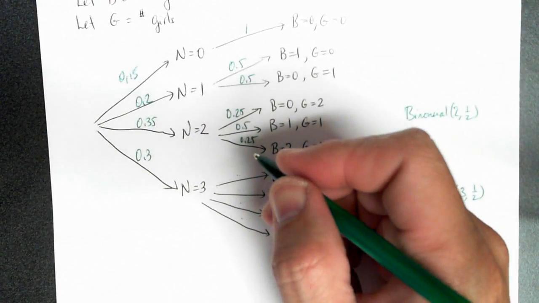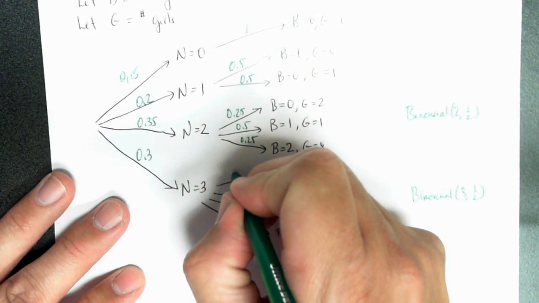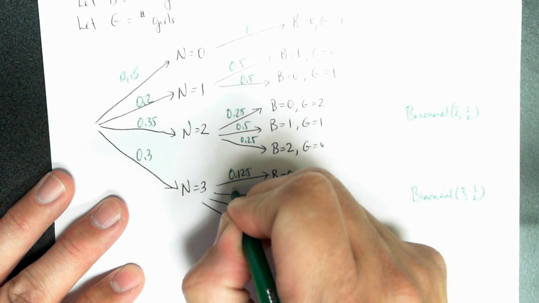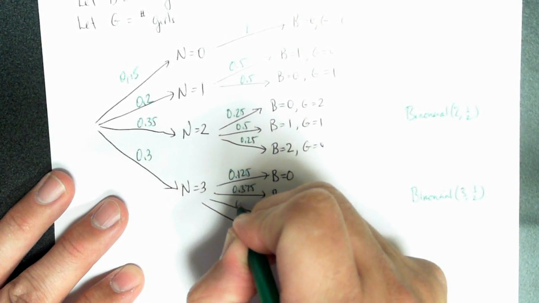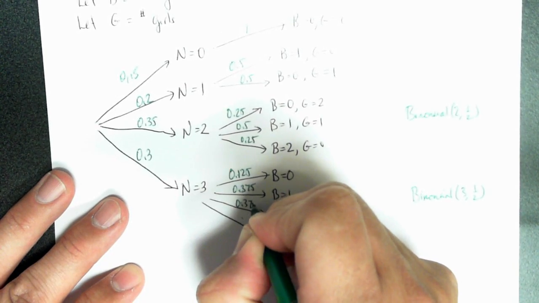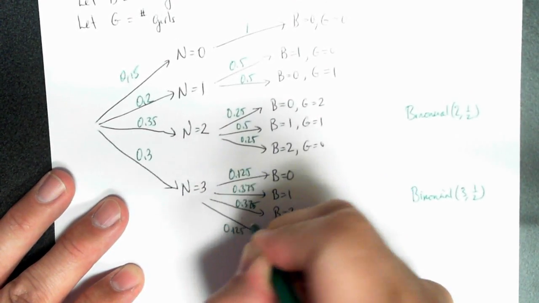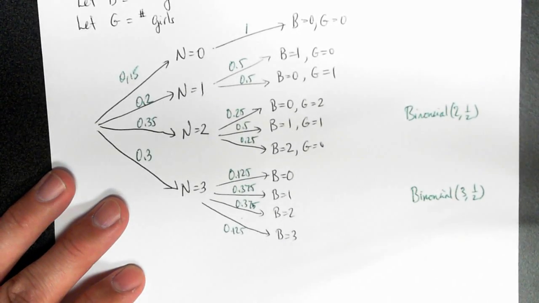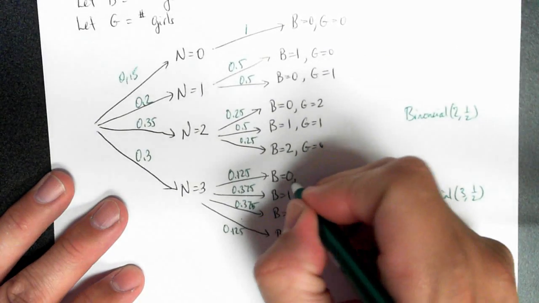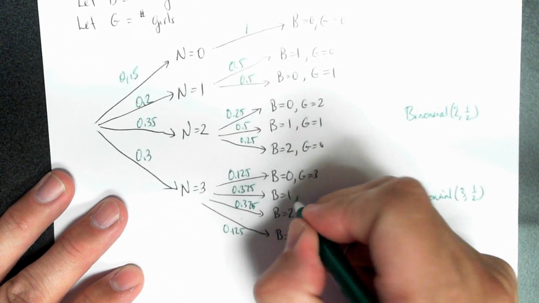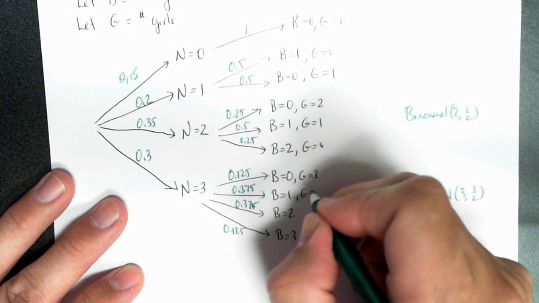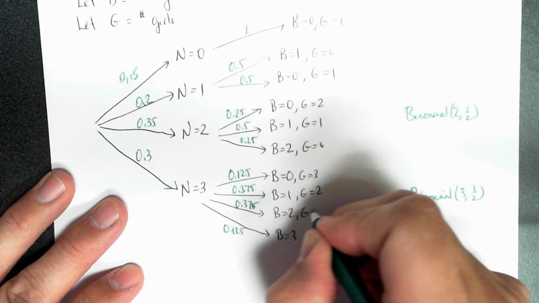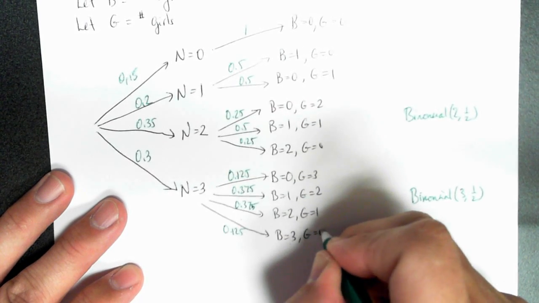Using the binomial distribution, this works out to be 1/8, 3/8, 3/8, and 1/8. If there are 0 boys, there are 3 girls. If there's 1 boy, there are 2 girls. If there are 2 boys, there's 1 girl. And if there are 3 boys, there are 0 girls.